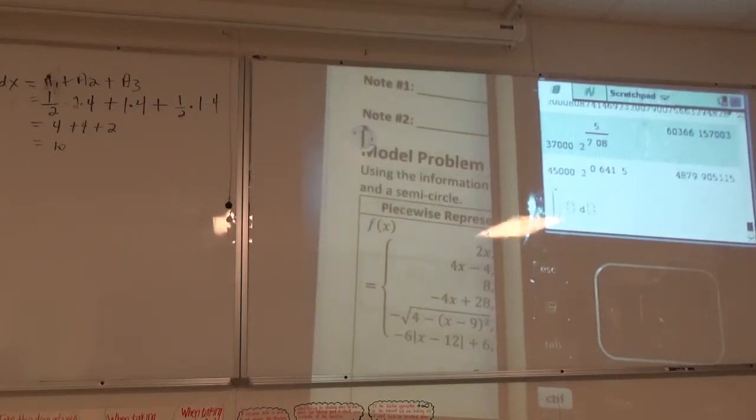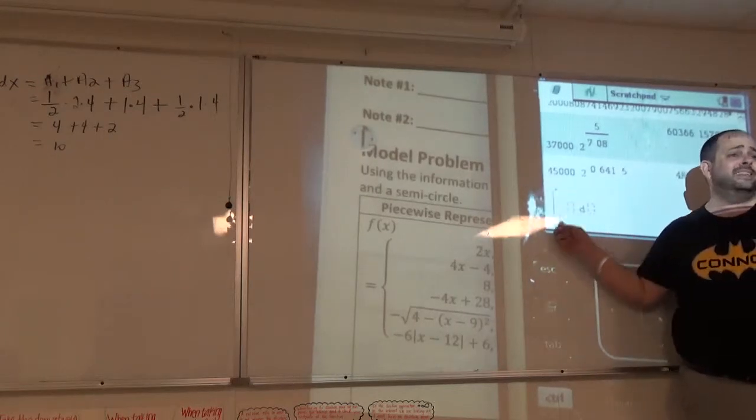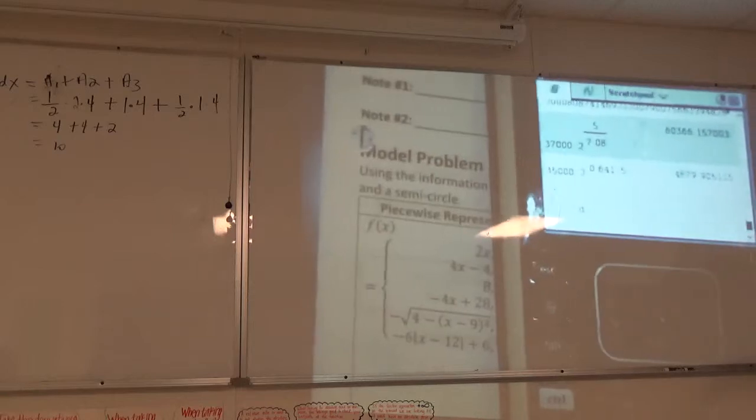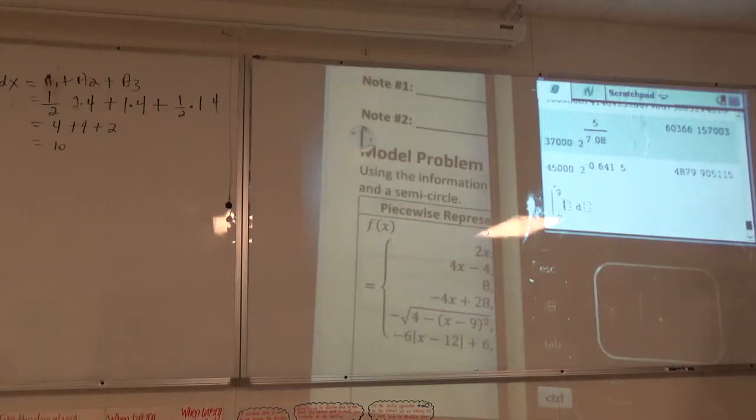Okay. Right. Now all you have to do is fill in the boxes. So what's the one that we're looking at? Integral from 7 to 9. Now, you've got to put in the function. And you gave us the function.